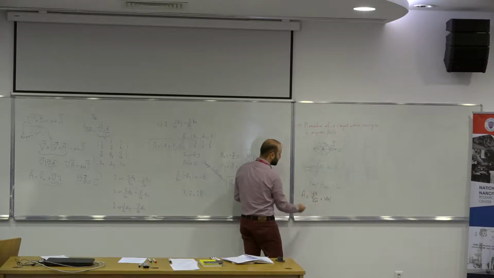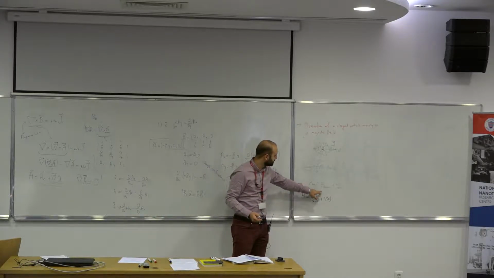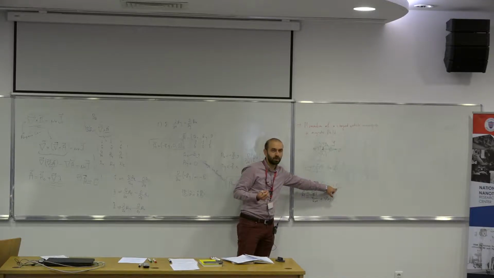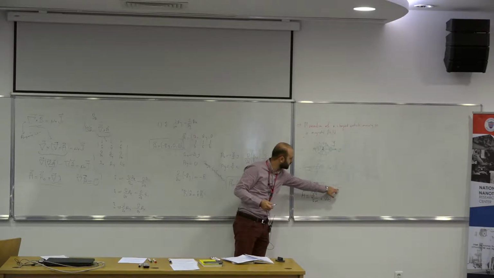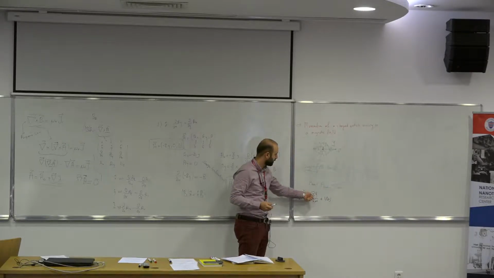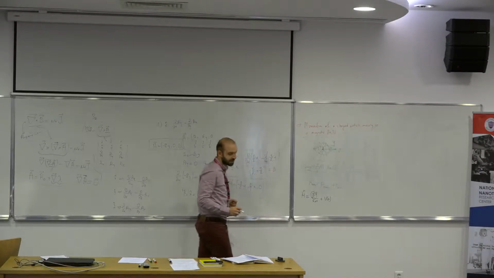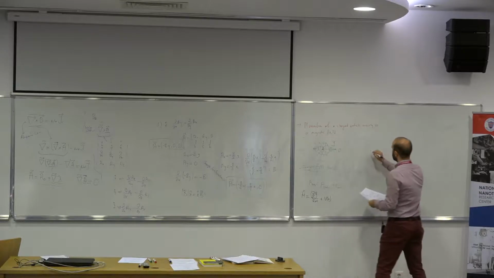Now, in the previous case, I wasn't dealing with charged particles, so the only momentum that I had was the mechanical momentum. But now, the total momentum is what matters. So I have to take this electromagnetic momentum into account when I'm going to write the new Schrodinger equation. Okay? So let's write this.